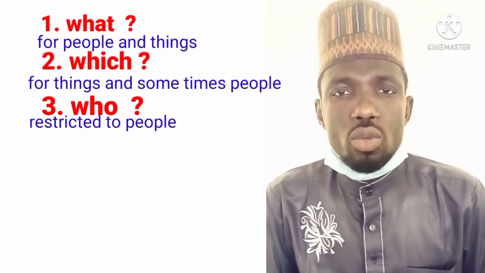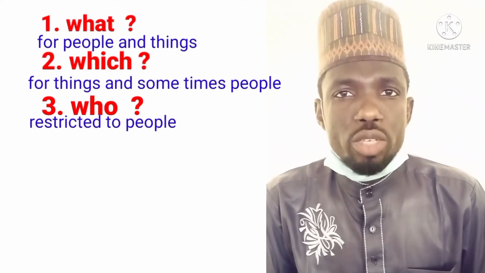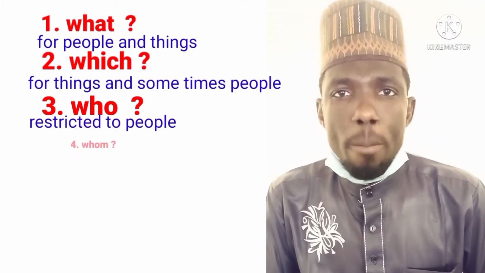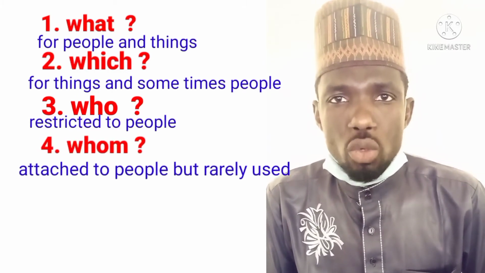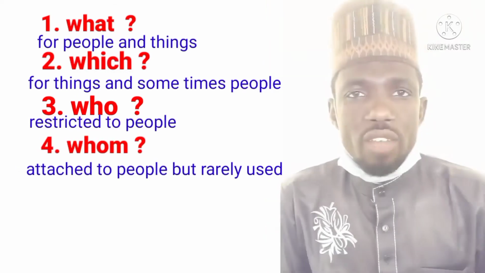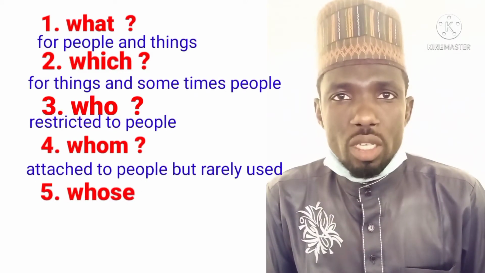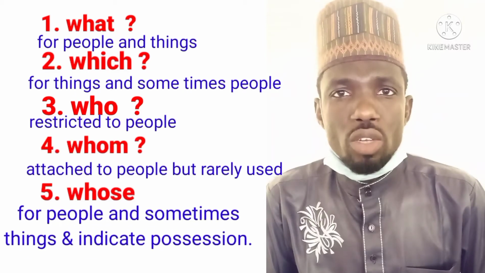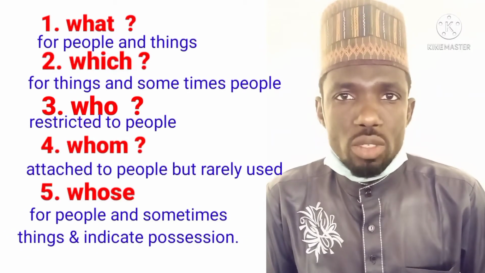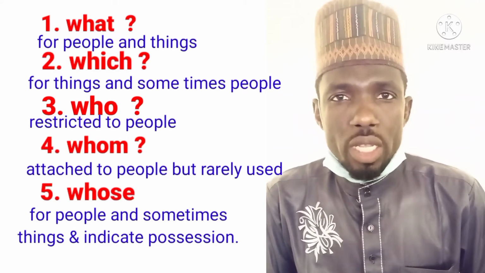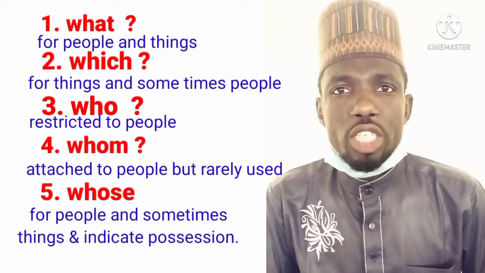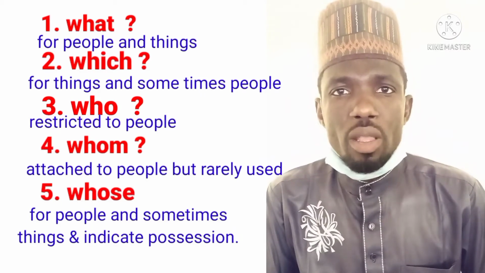And then we also use whom, which is rarely used by people. Then the final one is whose. This whose, we use it to refer to people and things, but it shows possession. So let's have a series of questions so that we will understand the topic.